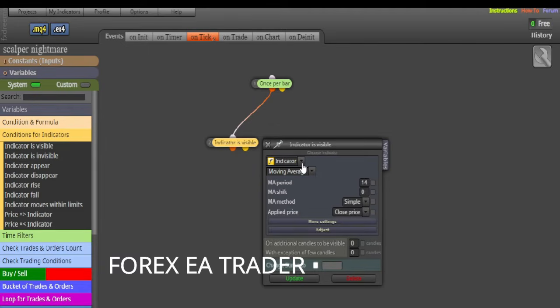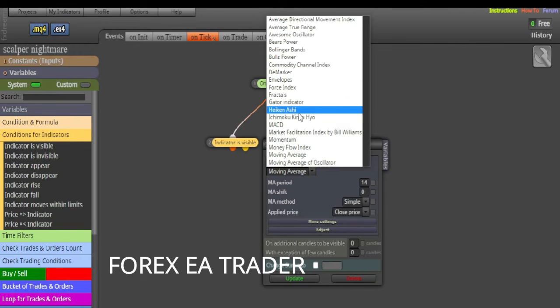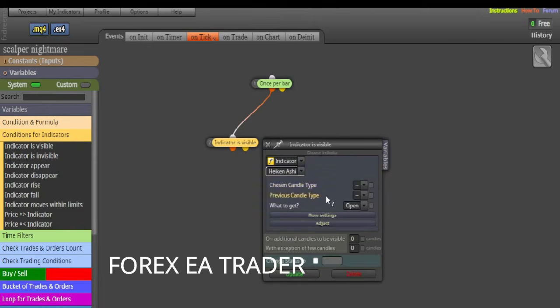So we're obviously going to choose indicator, and instead of the moving average, which is the default, we are going to choose Heiken Ashi here. Now we're going to choose the conditions for the Heiken Ashi for our trades. So, chosen candle type.